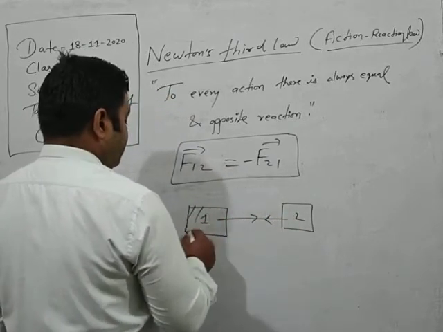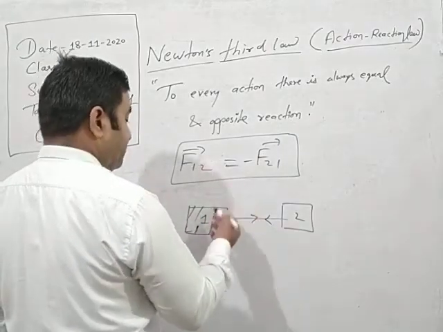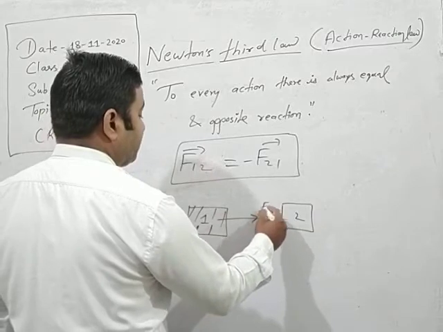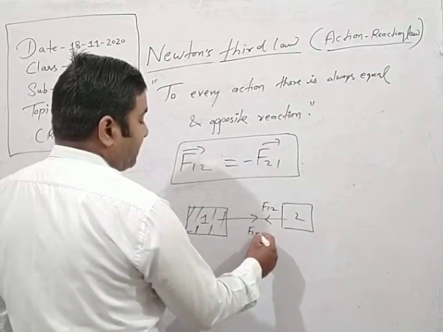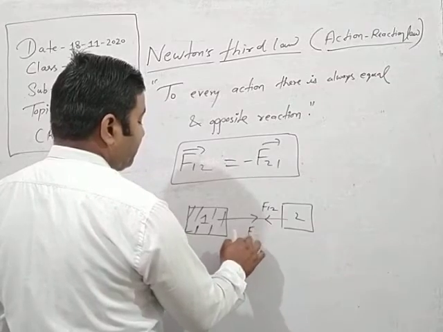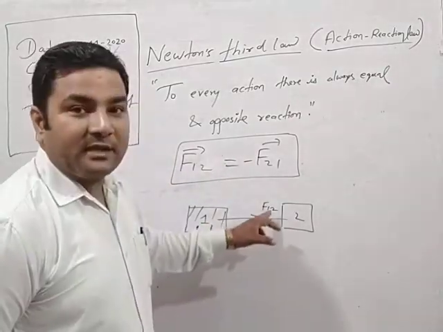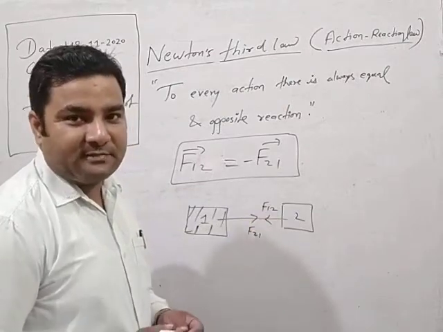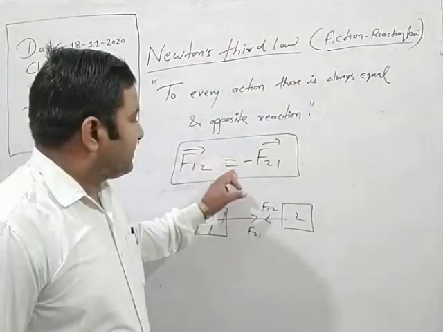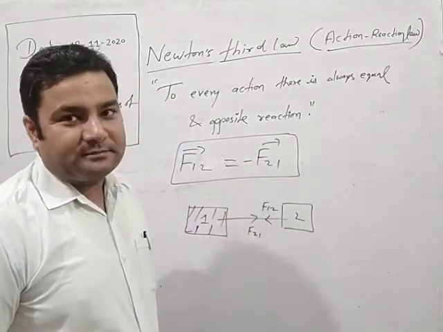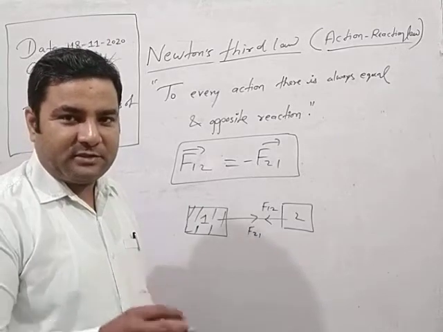The force on 1 due to 2 is F12, and force on 2 due to 1 is F21, and F21 and F12 are in opposite directions and equal in magnitude. That's why the equal symbol is taken with a negative sign. Clear? This is the action reaction law. For every action there is an equal and opposite reaction.